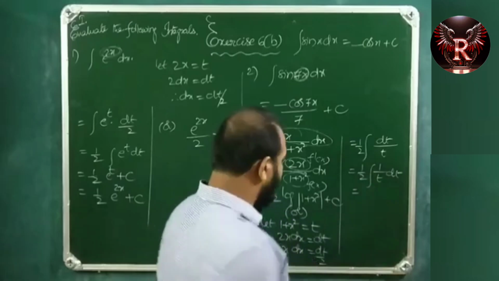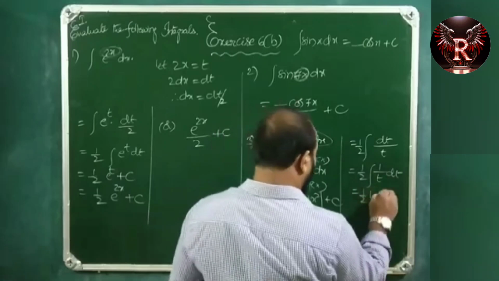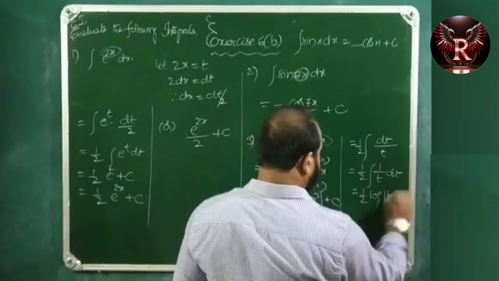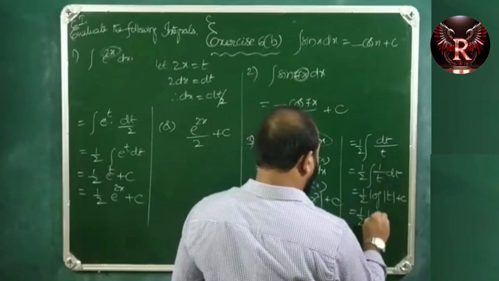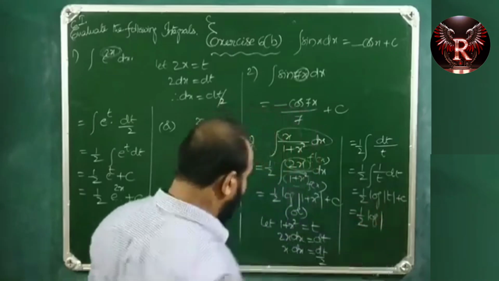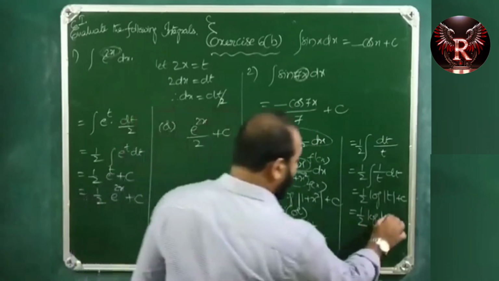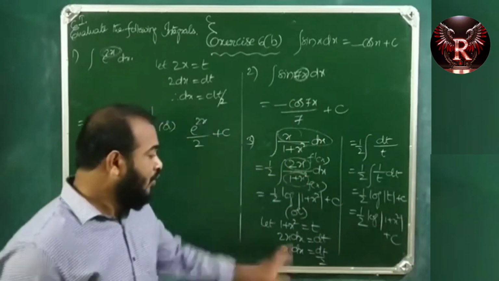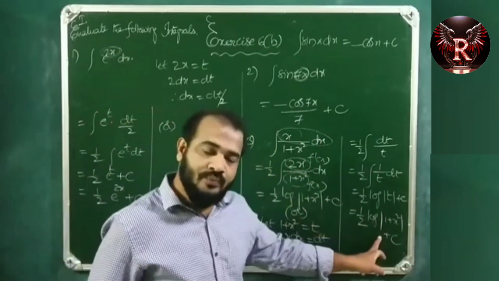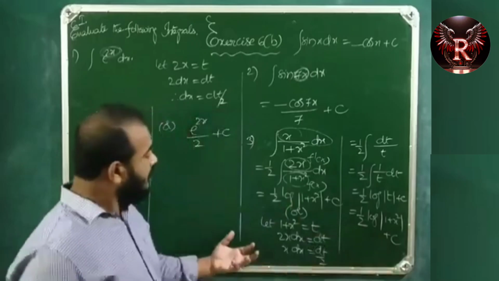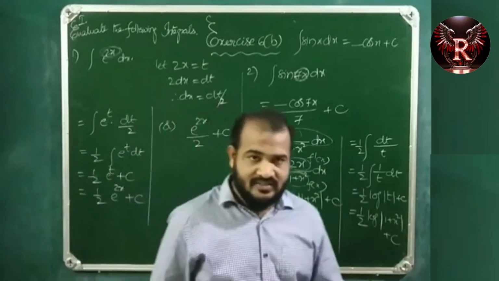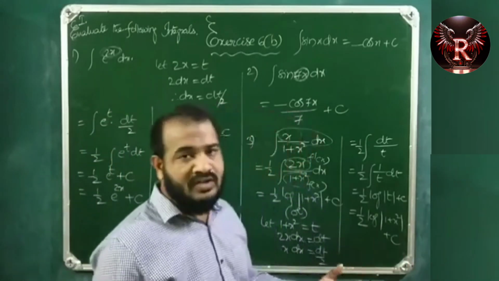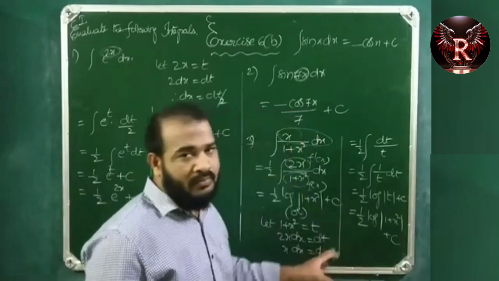Log mod t. So this is 1 by 2 log modulus of t plus c. So 1 by 2 into log t, where t has to be replaced by 1 plus x square to obtain the answer. So you may compare these two. So that's what I am telling you: the more you are familiar with the results, the more conveniently you can do the problem.